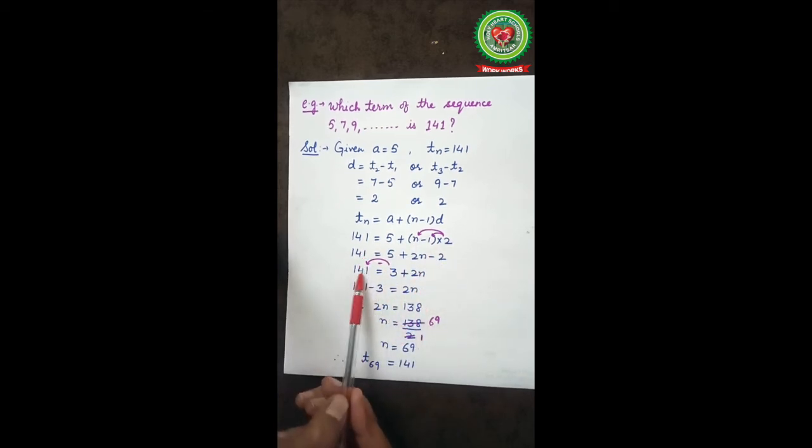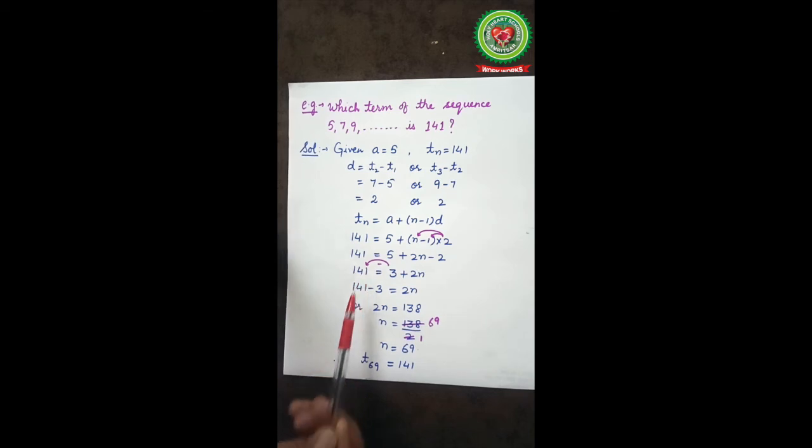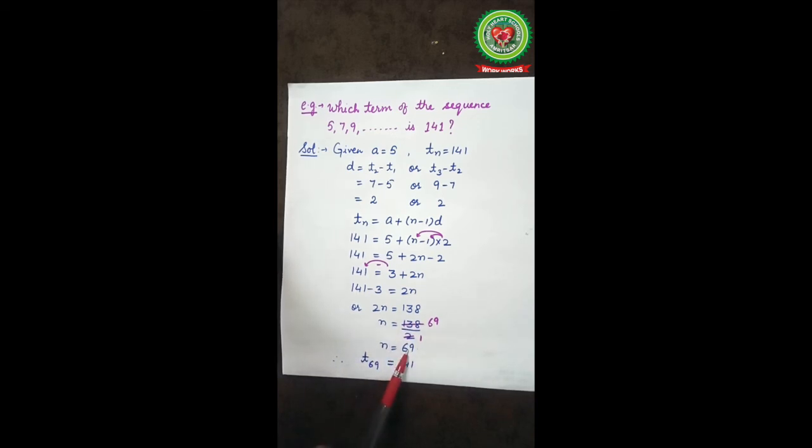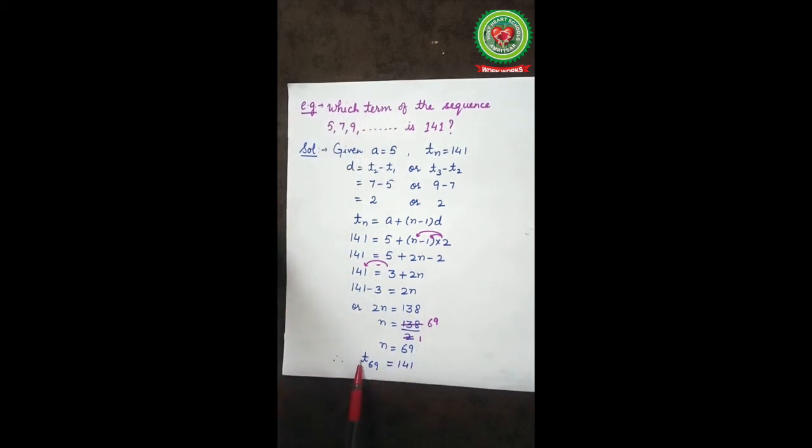Next step, 141 is equal to 5 minus 2, which is 3, plus 2n. On shifting 3 to the left hand side, it will become minus. So 141 minus 3 becomes equal to 138 is equal to 2n. From here we can find the value of n by shifting 2. So we will get the answer n is equal to 69. But here the answer will be a little different. They asked which term. So we have to write down T69 is equal to 141.